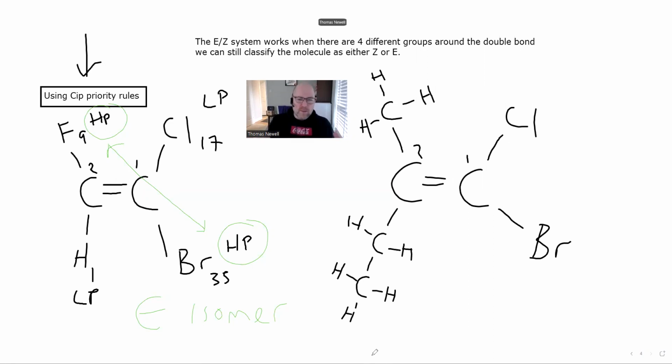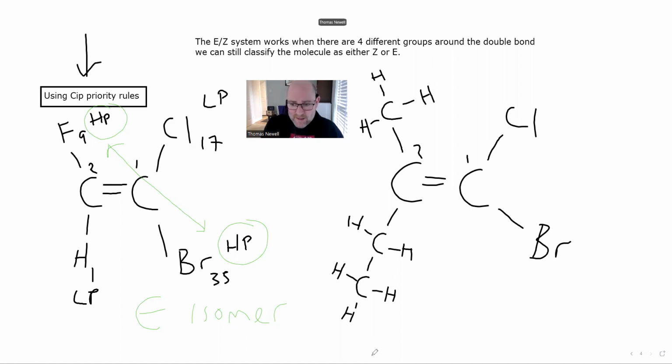You might think, why am I bothering with numbering the carbon atoms on the double bond? But there has been a 6-mark question before, even in the AQA chemistry A level, where they didn't just ask you, is this an E or a Z isomer? They said, explain how you know which one it is. And you had to talk through this process, the CIP priority rules.